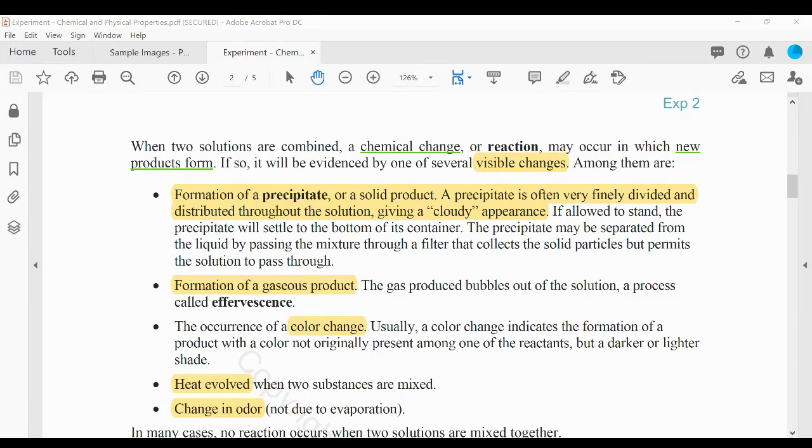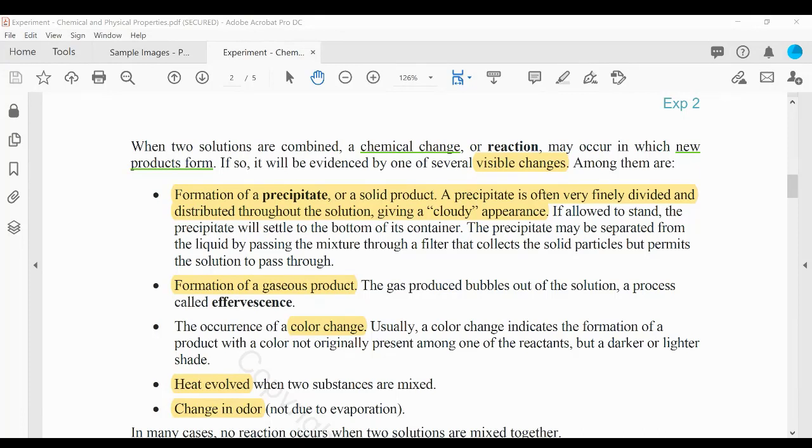What does that mean? Well, it's a solid. Let's say you mix two liquids, two clear liquids, and all of a sudden, when you are in the lab, you look at the mixture of these two liquids and you see a solid product.